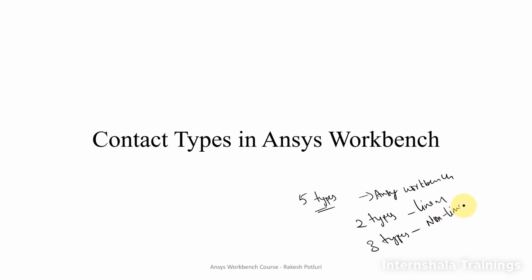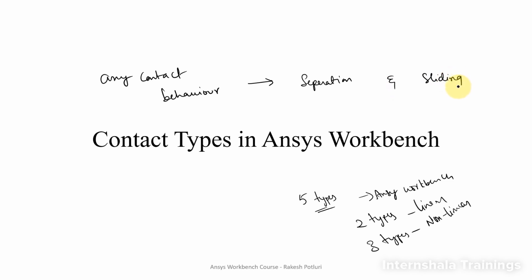We will see all these 5 types, and remember one thing: any contact behavior can be determined by 2 characteristics, separation and sliding characteristic. Based on the motion that is possible in these 2 ways, you divide the contacts into different types.